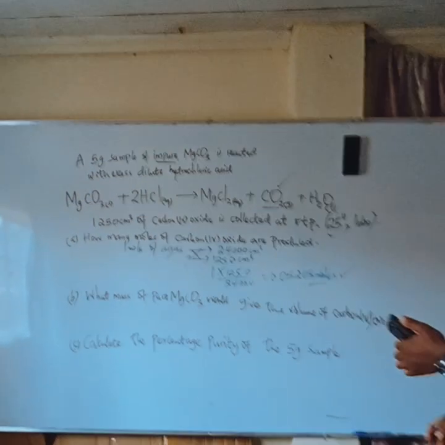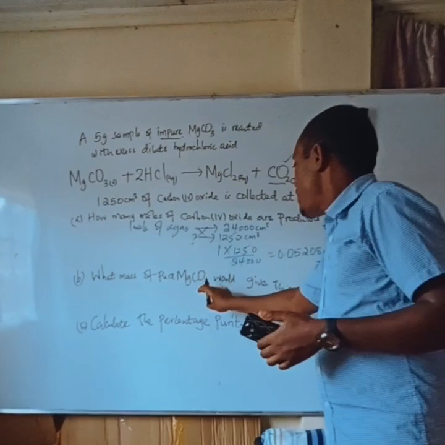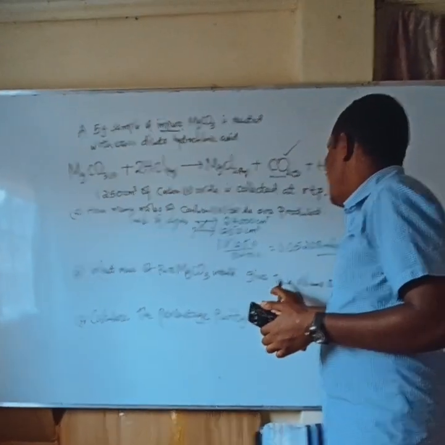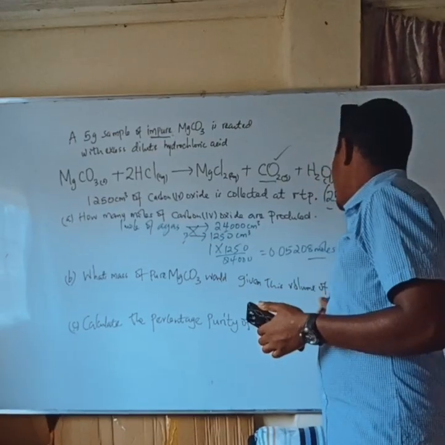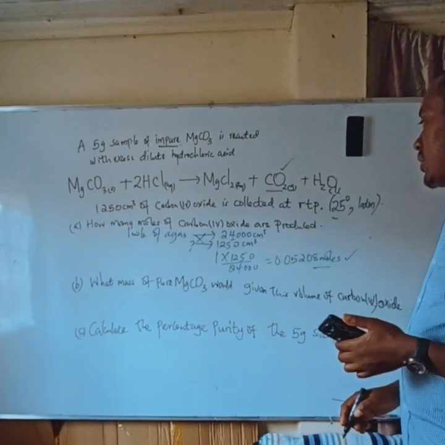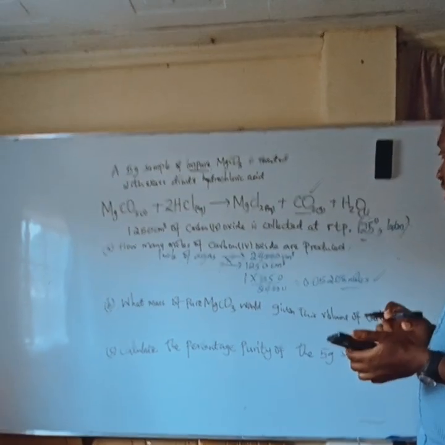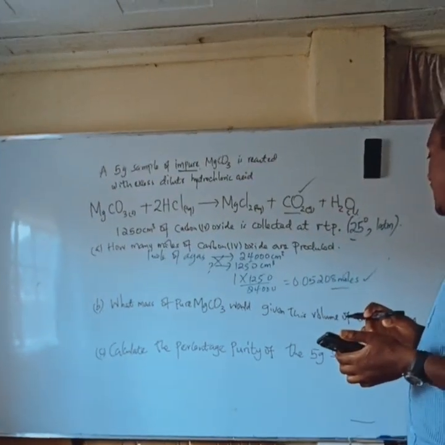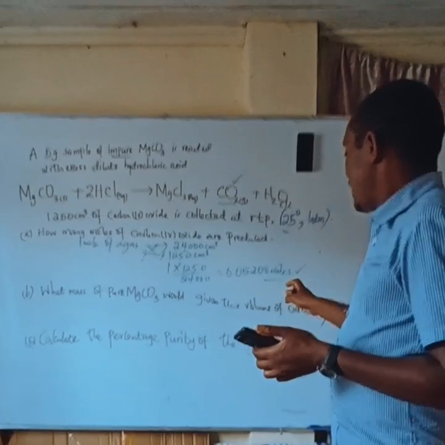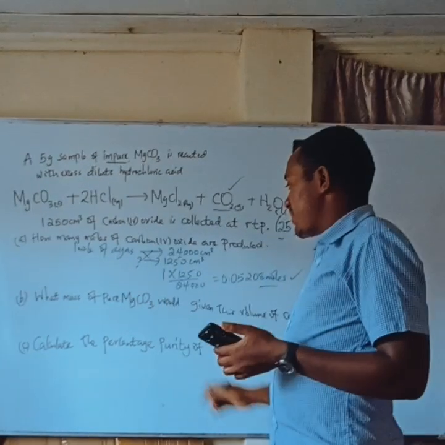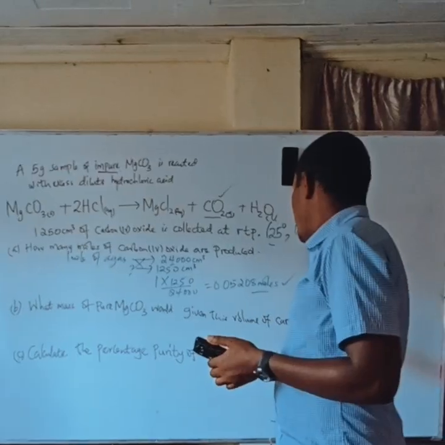Then we go to the next question. What mass of pure magnesium carbonate will have given this volume of carbon dioxide?